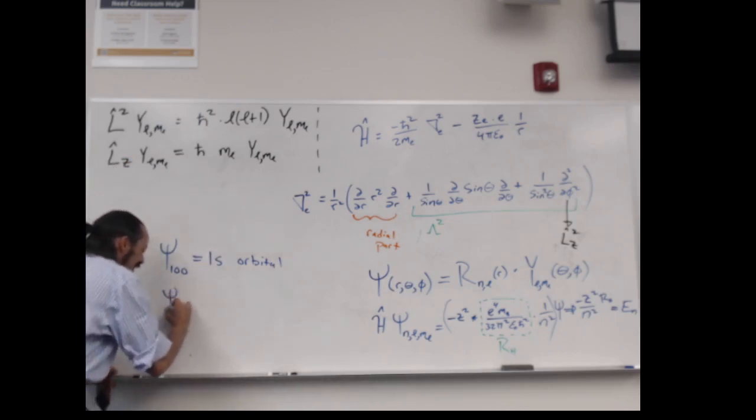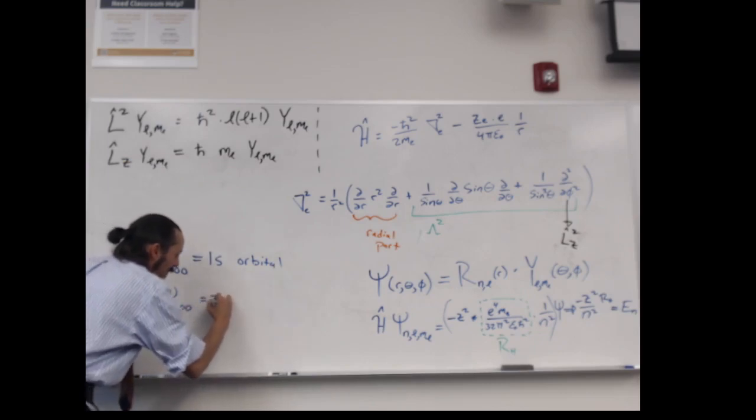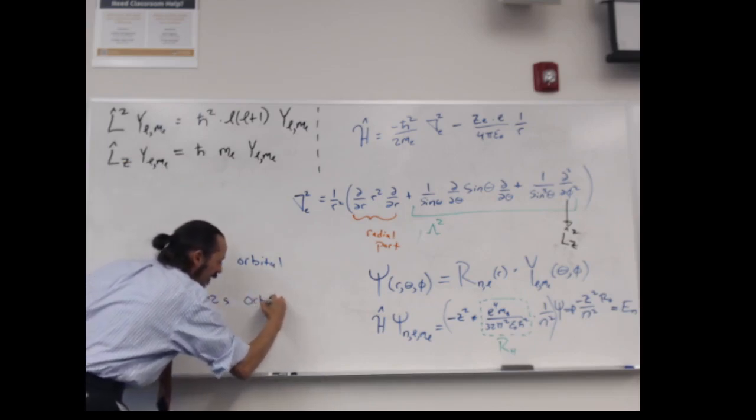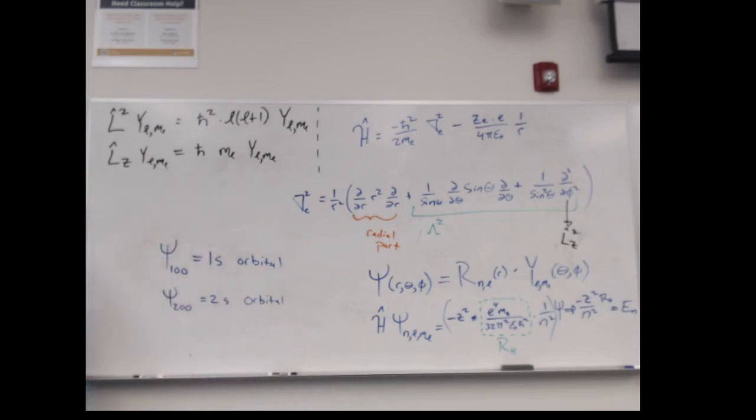Or we could have a psi 2, 0, 0, and that would be our 2s orbital. 3, 0, 0 is a 3s orbital. We need to take linear combinations to get the p orbitals. We have to do some of the things we saw in the worksheet last time, where we take linear combinations of the +1s and -1s to get real functions. But these things are going to build into our orbitals. We're going to start building the orbitals to describe the electrons around a hydrogen atom. Then we'll start doing really weird things.